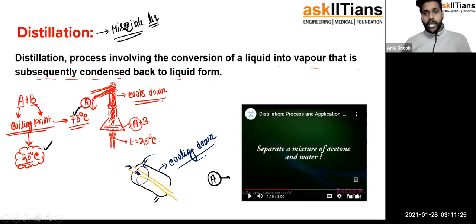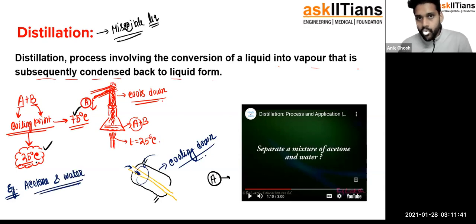So this is an example where we use this distillation. For example, to separate acetone and water. Acetone is just a spirit, okay? Spirits have a very low boiling point, right? If you just mix them together, that is a miscible solution.